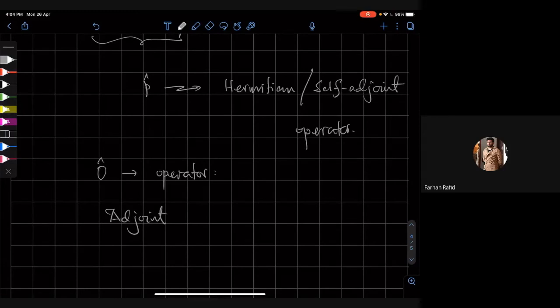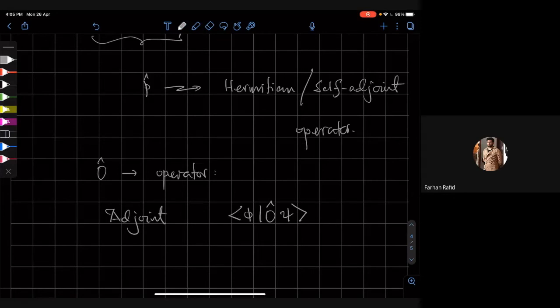If O is acting on some state psi, it gives me another state, and suppose I take the inner product with any arbitrary state phi. In this definition, the states phi and psi are arbitrary. O is not, but these two are arbitrary.